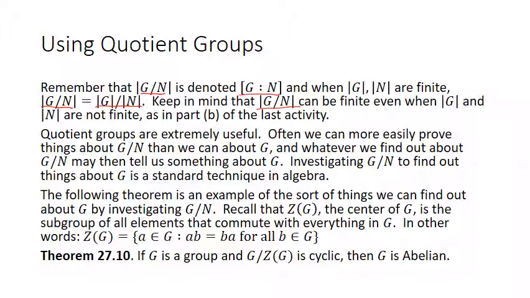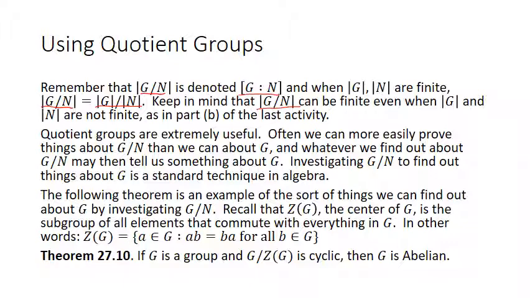So quotient groups are extremely useful as well as being pretty fun. Often we can more easily prove things about G mod n than we can about G. And whatever we find out by looking at G mod n may actually tell us something about G. So investigating G mod n to find out things about G is a really standard technique in algebra, and we're going to do some of that ourselves, starting with this next theorem.